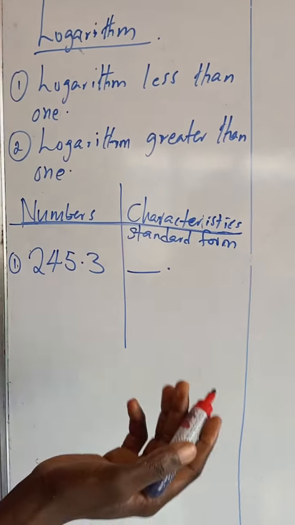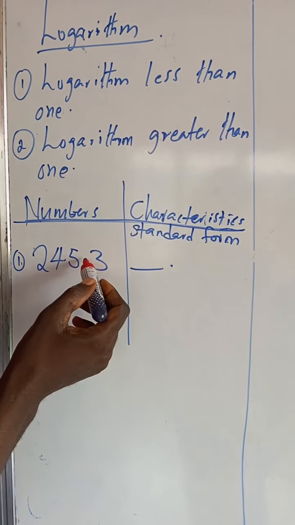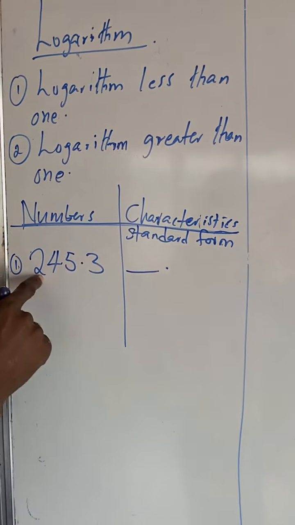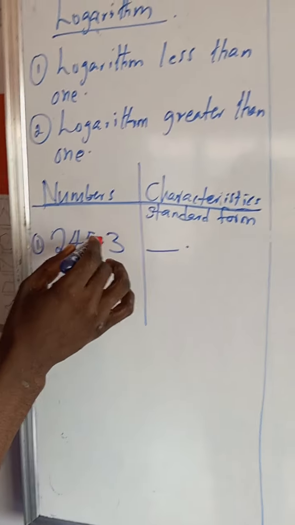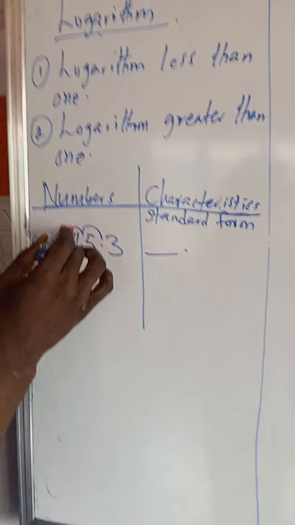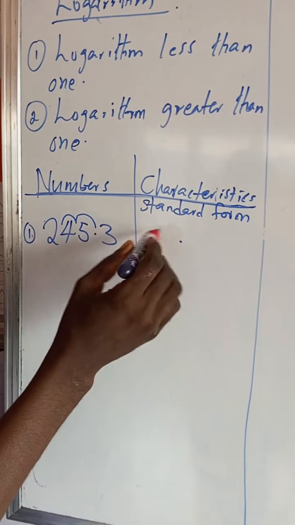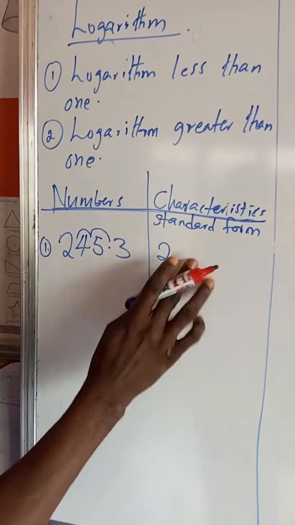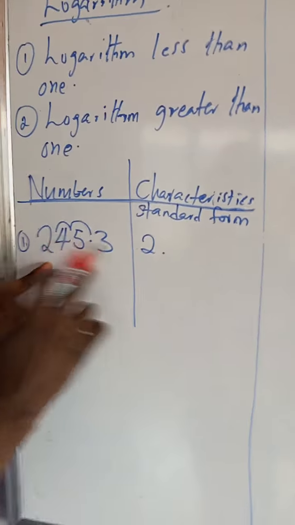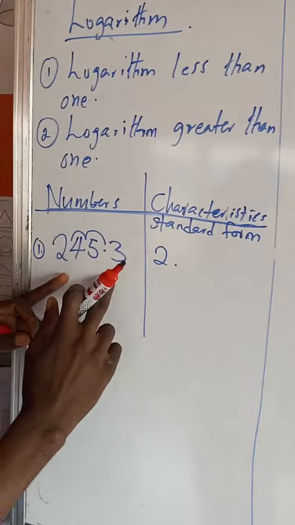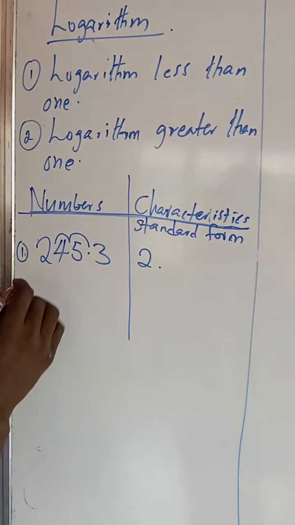In standard form, we shift the point to the back of the first number other than 0. If I shift it, 1, 2, so the characteristic of this one will be 2 before I start looking for it inside the logarithm table.